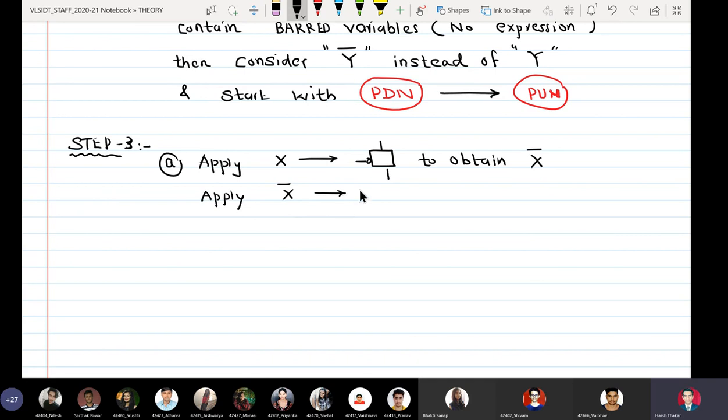Apply X to NMOS to obtain X. So this is a PMOS and this is an NMOS.